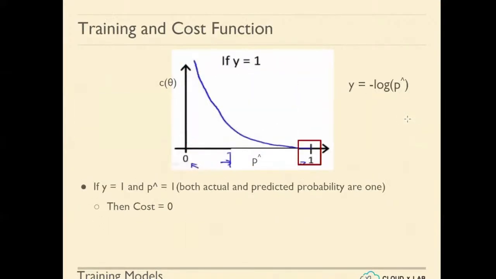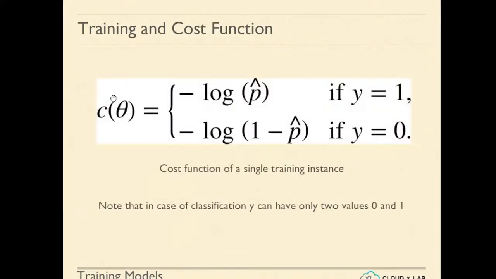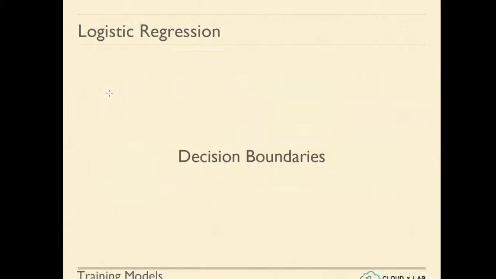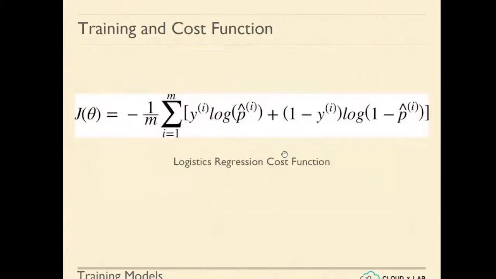Now I'm using both these functions to make a combined function, and that combined function I'm taking as a cost function. So this function I will use to minimize the cost, right?